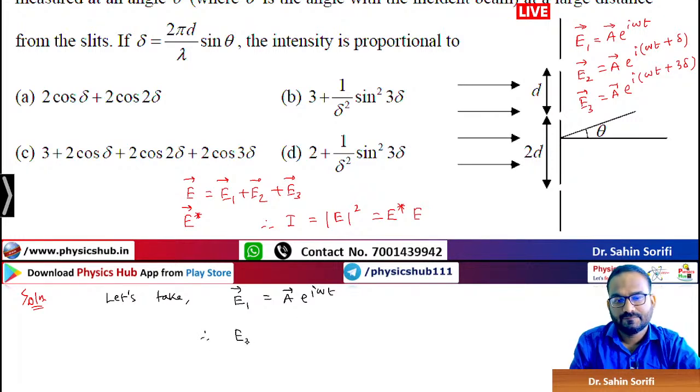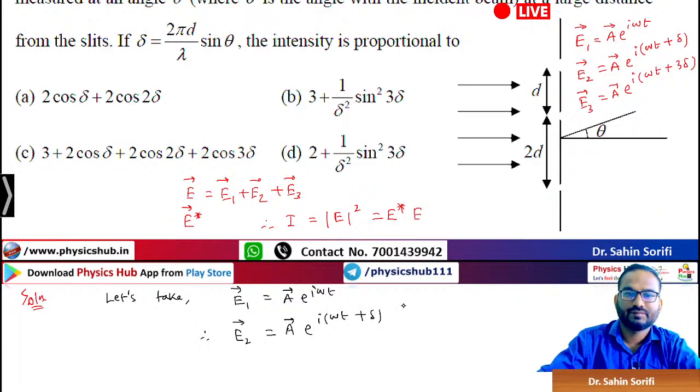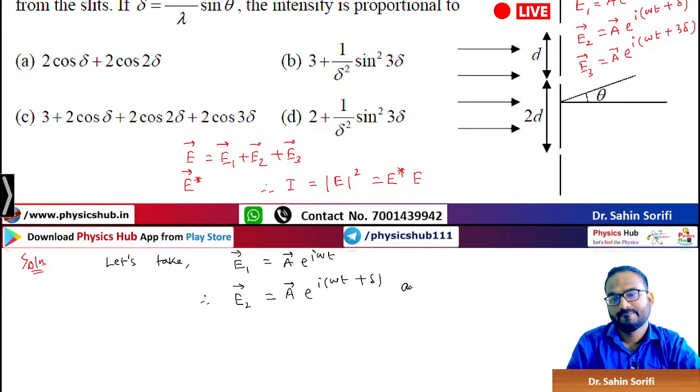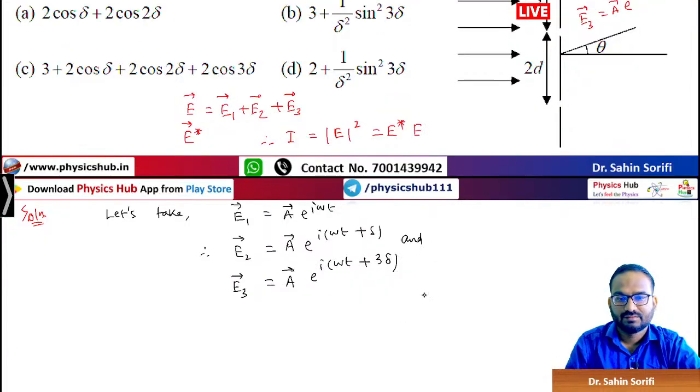Therefore, E2, the electric field coming out of the second source, will be A e to the power i omega t plus delta, and E3 will be A e to the power i omega t plus, because you can imagine it is 2 delta, so it becomes 3 delta, where it is given that delta is equal to 2 pi by lambda into d sin theta.